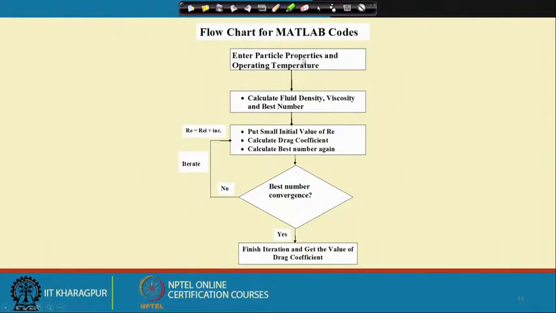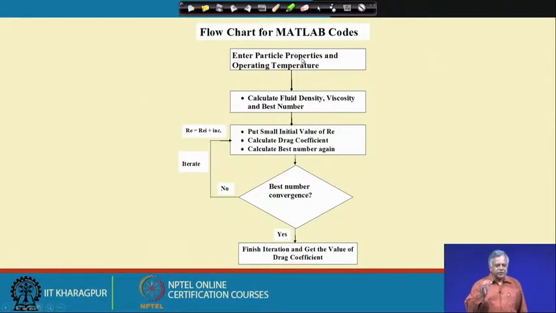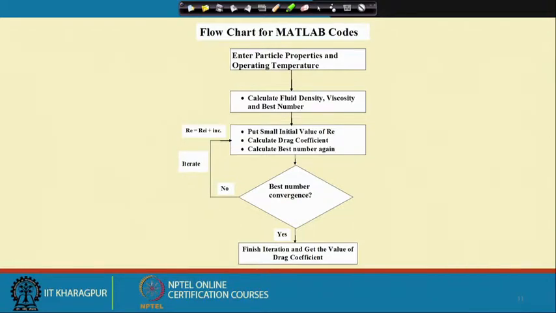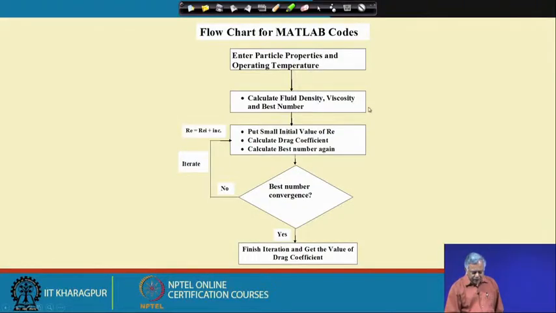Your first input values will be the particle properties like size, density, and the operating temperature, because if I know the temperature and the fluid, I can get the fluid density and viscosity. And once I know these parameters, from the Best number correlation, I can get the Best number for that solid and fluid when we have the interactions.